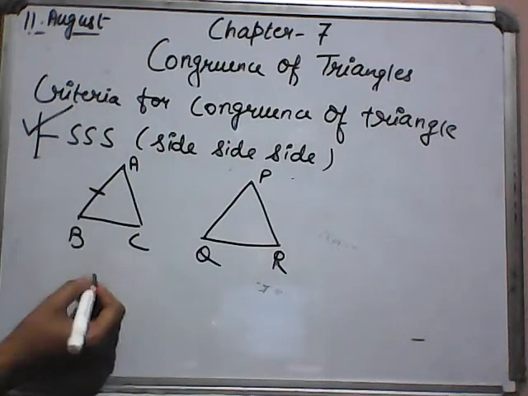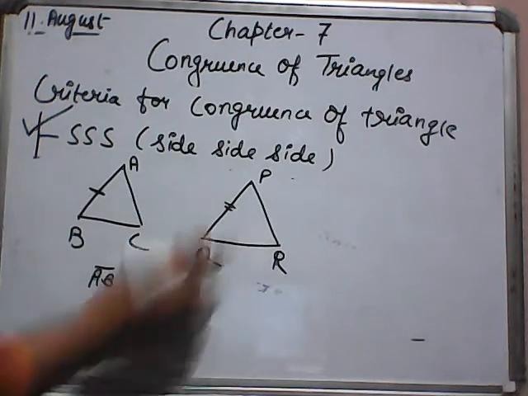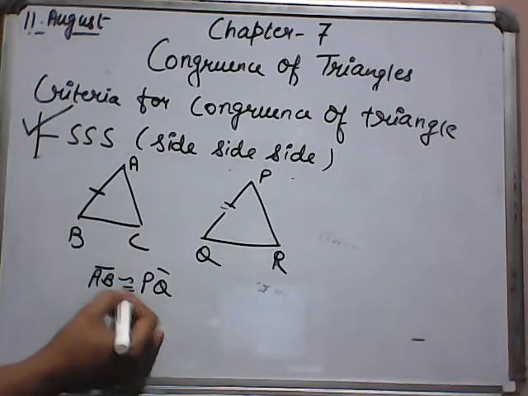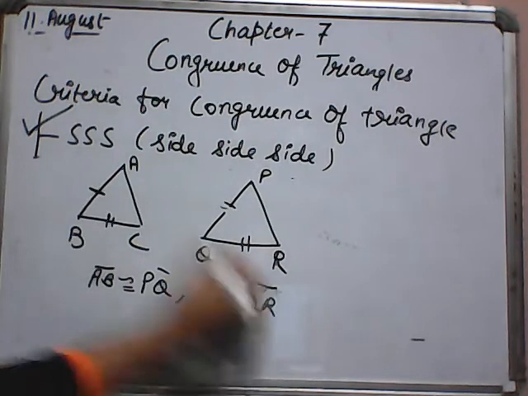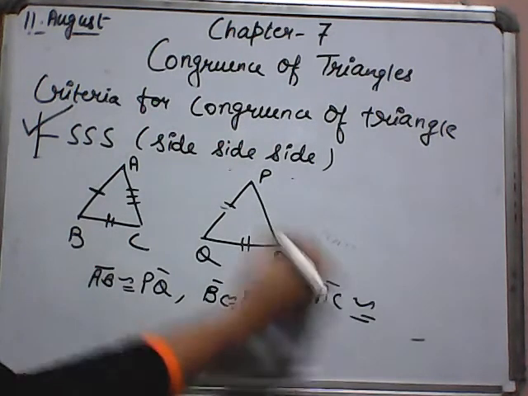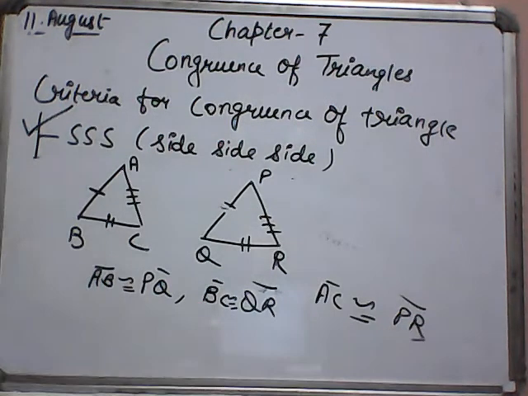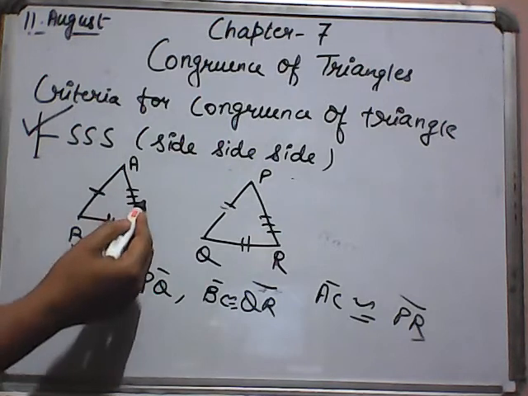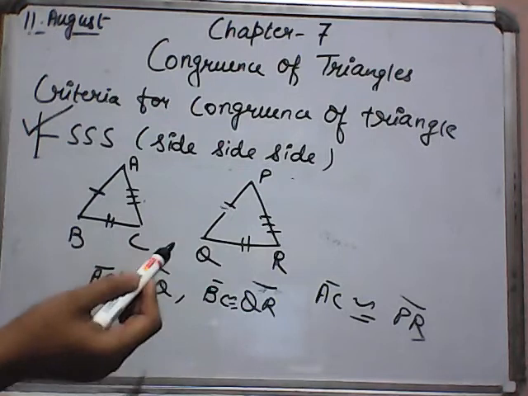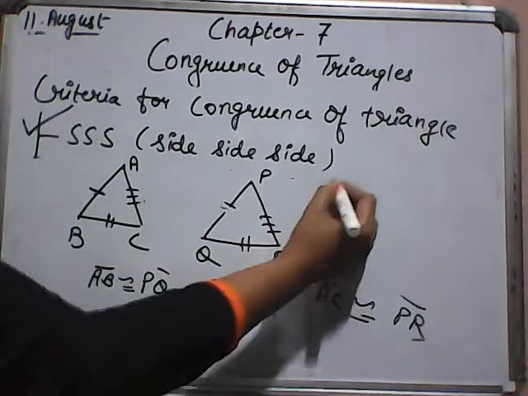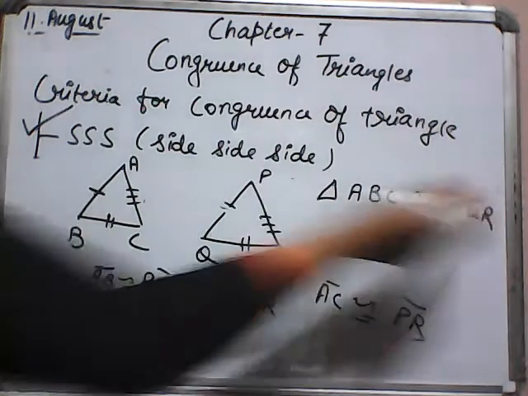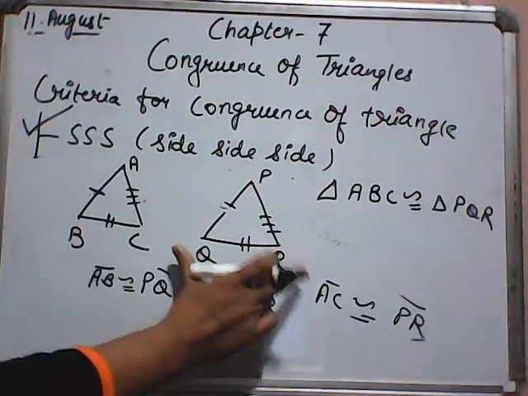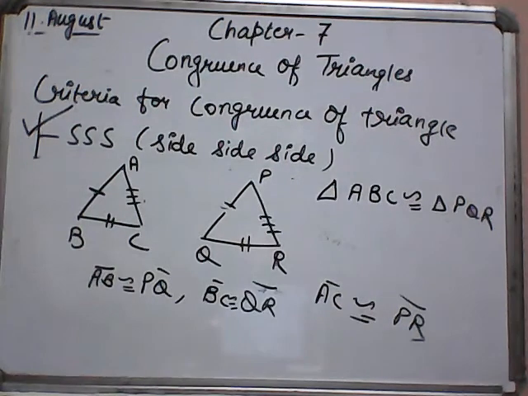If side AB is congruent to side PQ, and BC side is congruent to QR, third AC side is congruent to PR, three sides of one triangle are equal or congruent to three corresponding sides of another triangle, then these two triangles are said to be congruent by side congruence criteria.